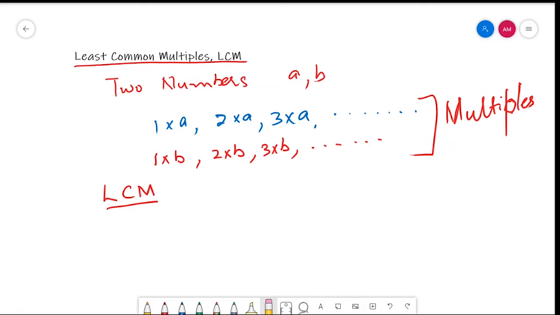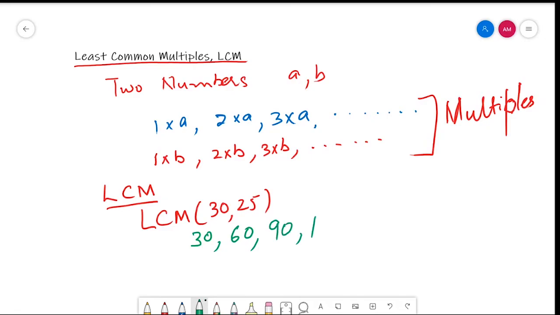Let's say we have two numbers and we have to find the LCM of 30 and 25. One way is writing them in this form. 30 times 1 is 30, 2 times 30 is 60, 3 times 30 is 90, 4 times 30 is 120, and so on.